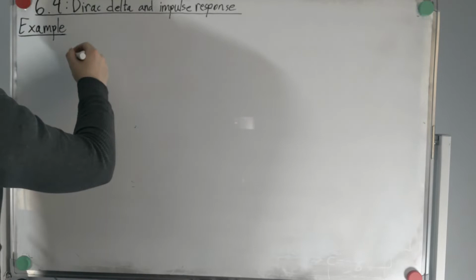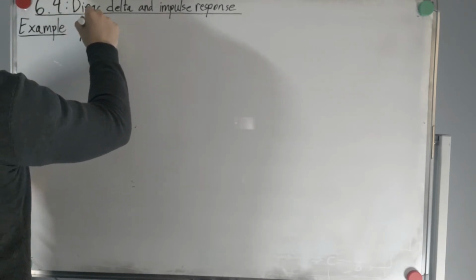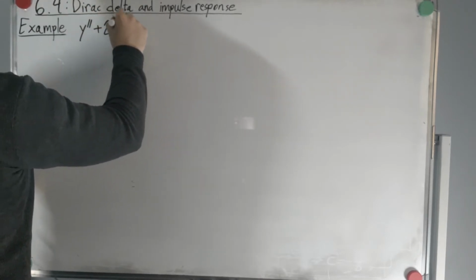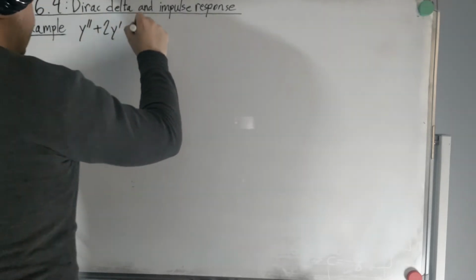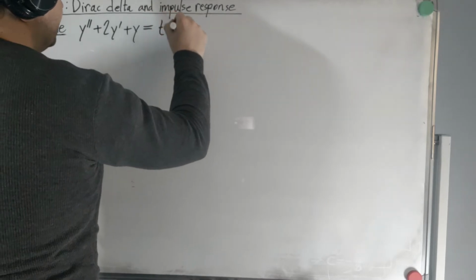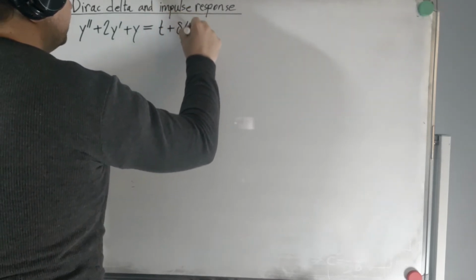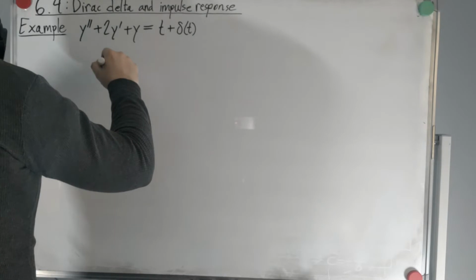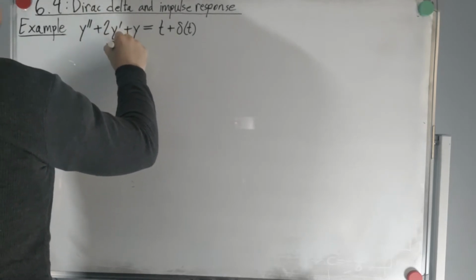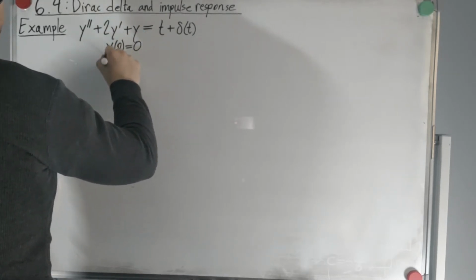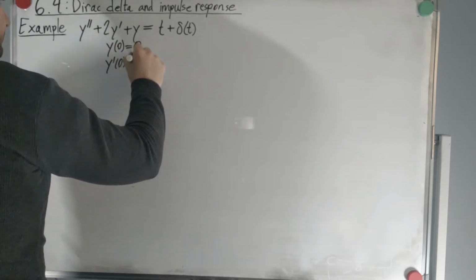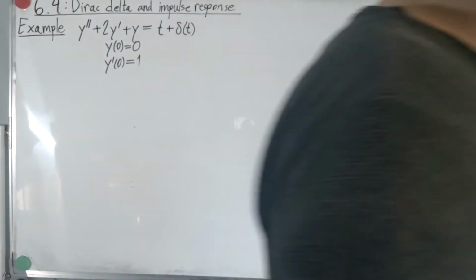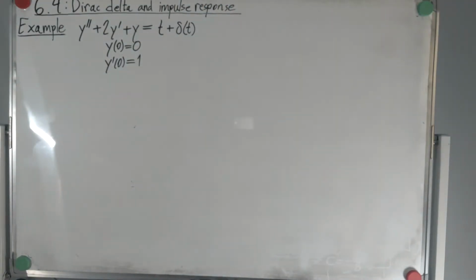Let's suppose we have y'' + 2y' + y = t + delta of t, with the initial conditions y(0) = 0, y'(0) = 1.